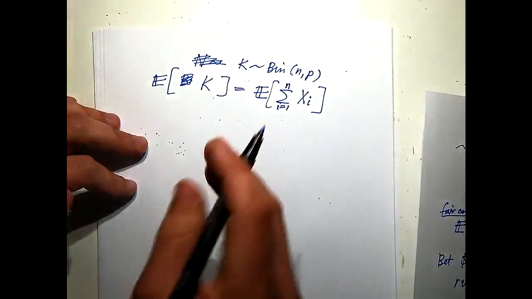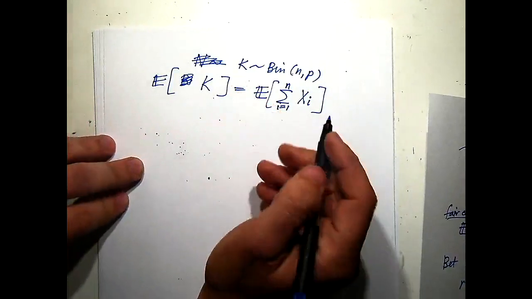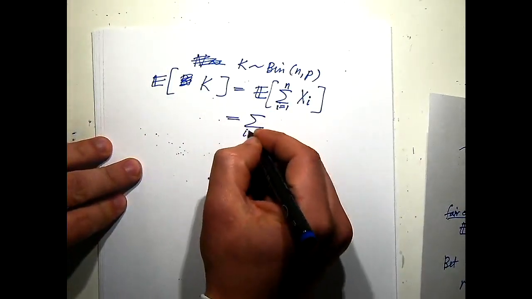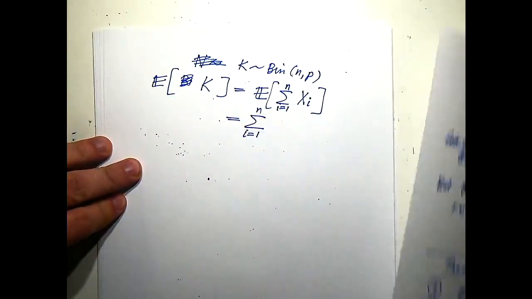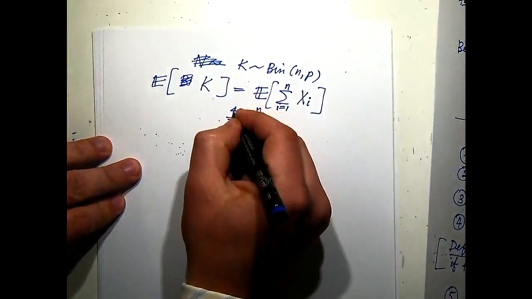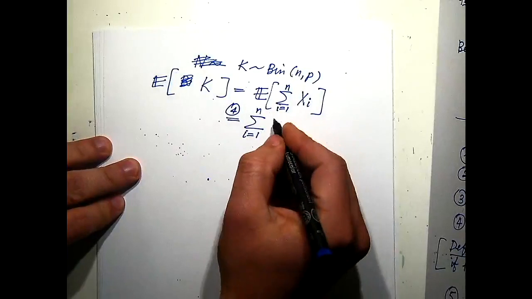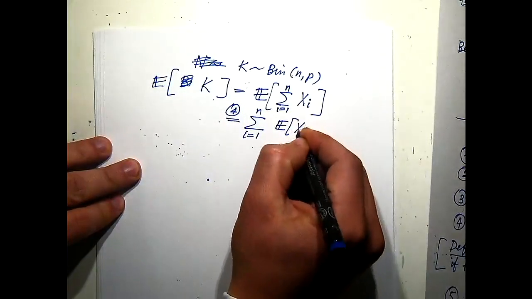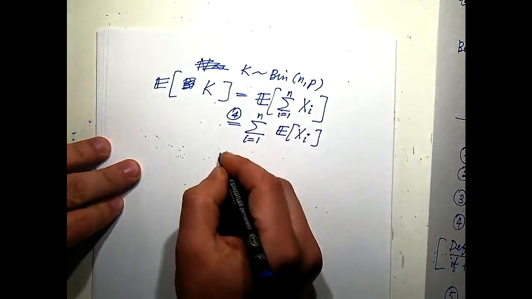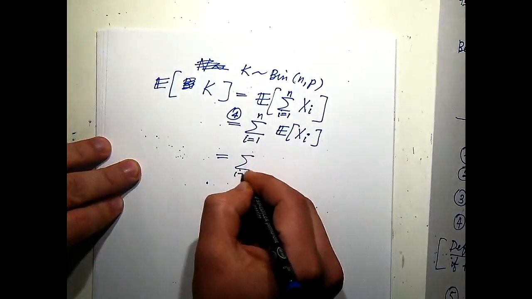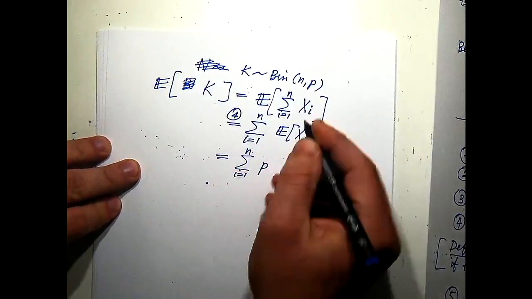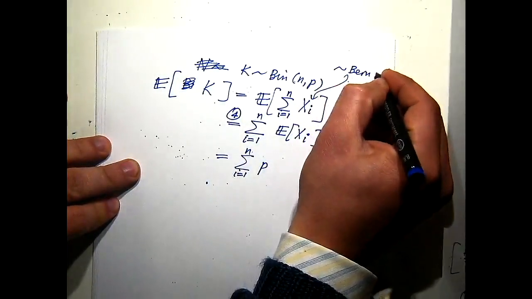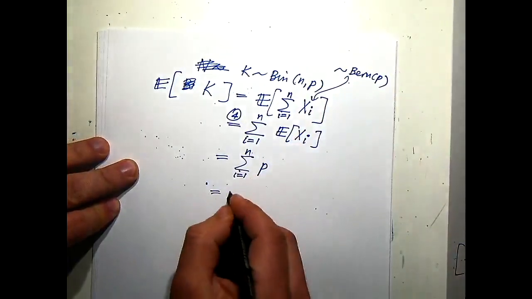If you go back to the definition, we had all those Bernoullis, and that is equal to the sum of, so we've now used theorem 4 multiple times, the expected value of Xi. Now each Xi is a Bernoulli p, so that's the sum, i equals 1 to n, of p, because they're all IID Bernoulli p. So that is equal to np.